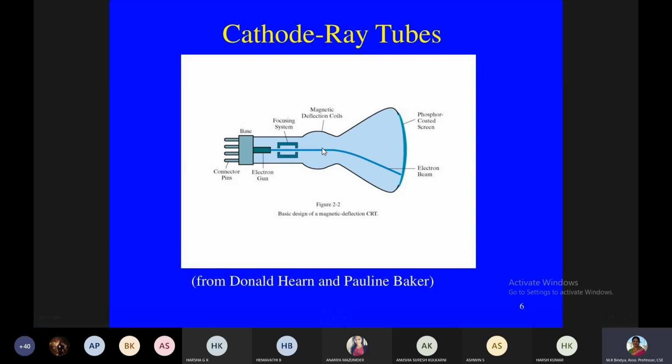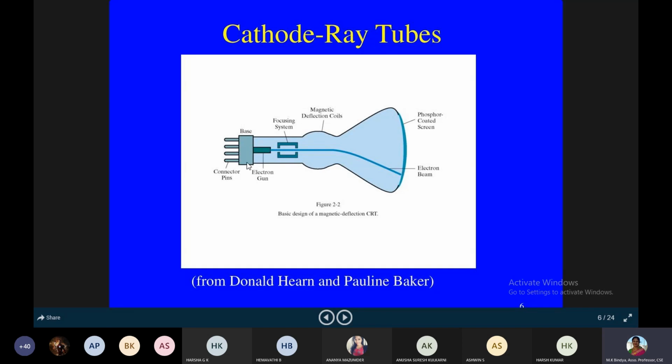The job of these two, the focusing system and the magnetic deflection coil, is to direct the electron beams generated from the electron guns to the phosphorus coated screen here.